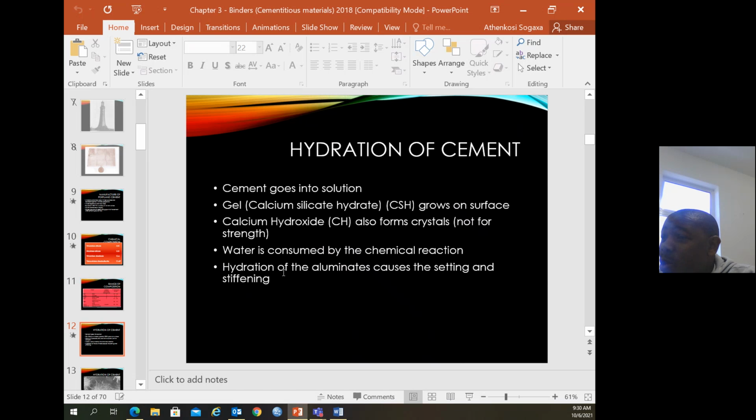Then water is assumed to cause a chemical reaction when you put water in your concrete, which is a mixture of your sand, cement, and stone. It will react with the cement, and once it reacts, it binds the cement with the stone and the sand and forms your concrete.